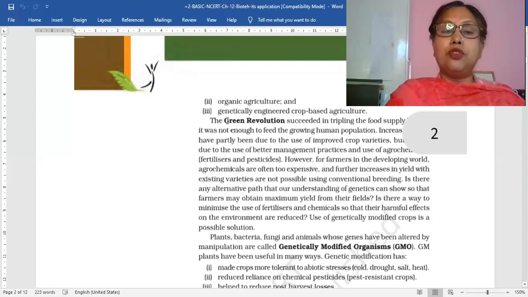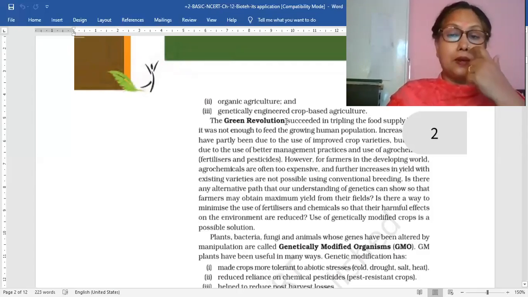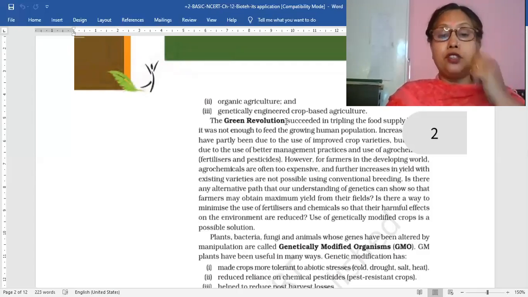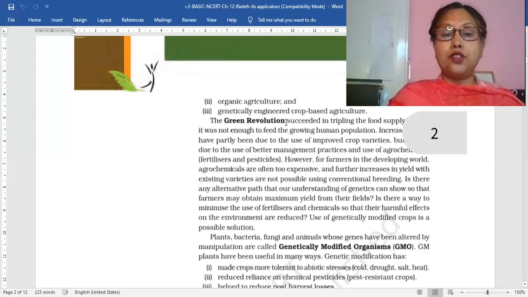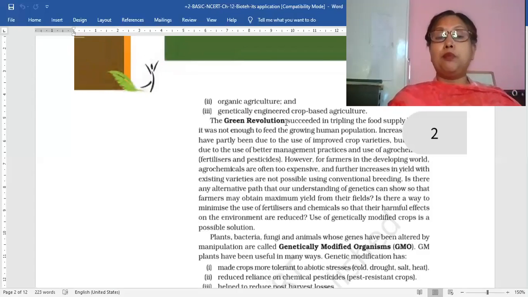Now see the term green revolution. What does it mean? Green revolution means tremendous growth of agricultural products. If we say yellow revolution, it means oil production. White revolution means milk production.